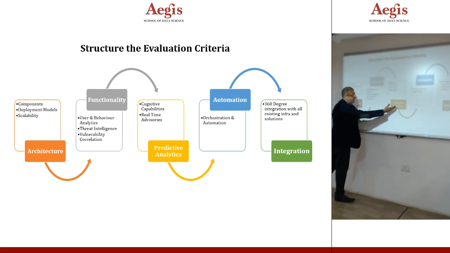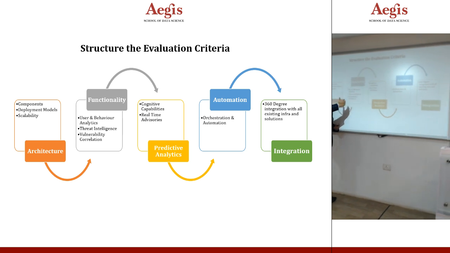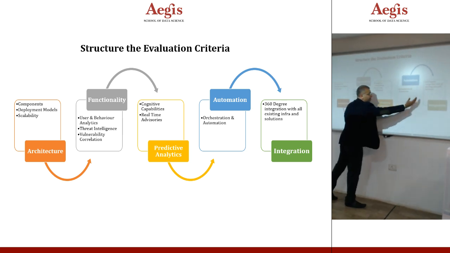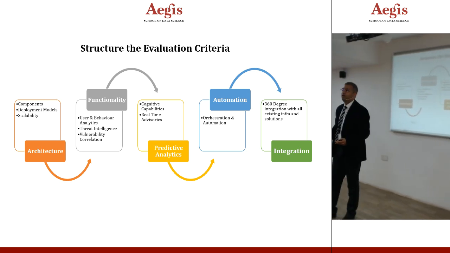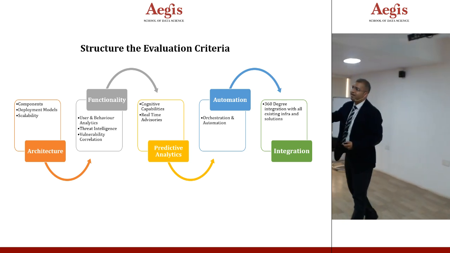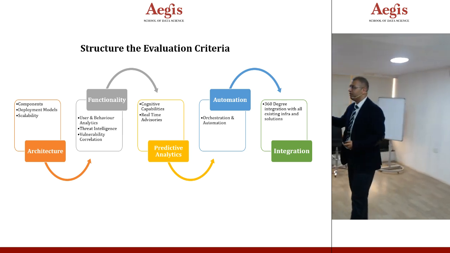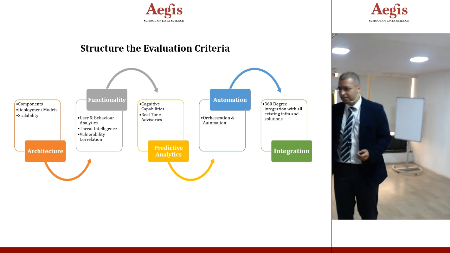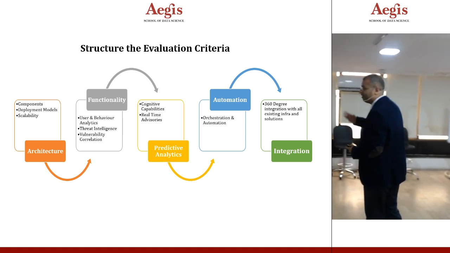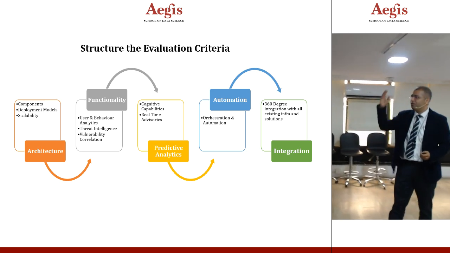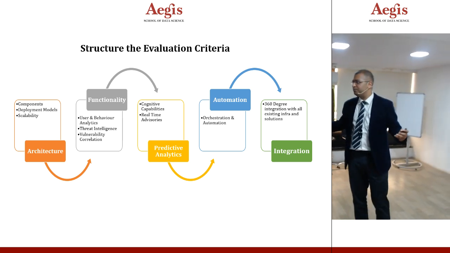In the last 5 years, a whole lot of things have happened over here, but this is where the future or the present is, where whether you have a SIEM solution or not, whether you have some kind of firewall, web application filtering, or any kind of security solution, you have it or you don't have it, irrespective.